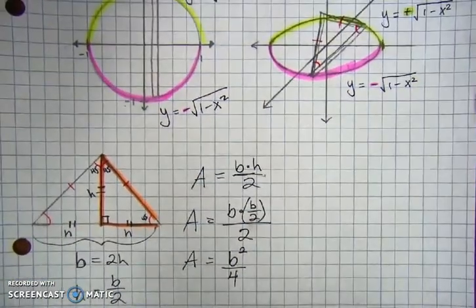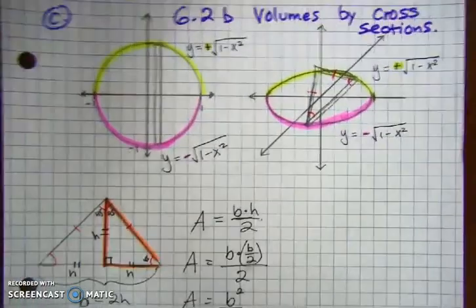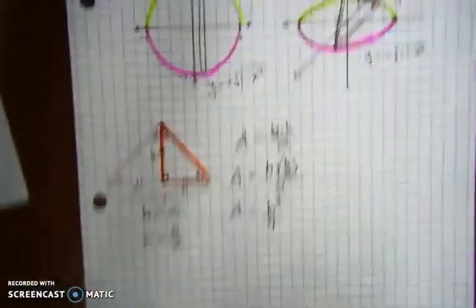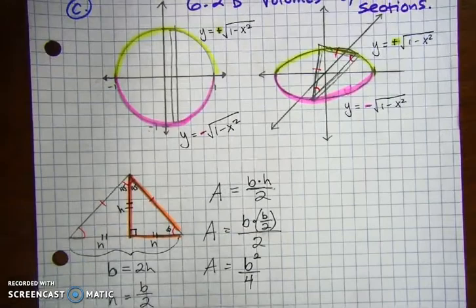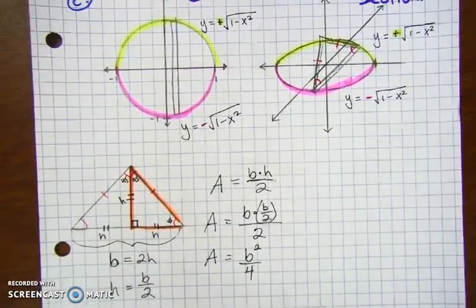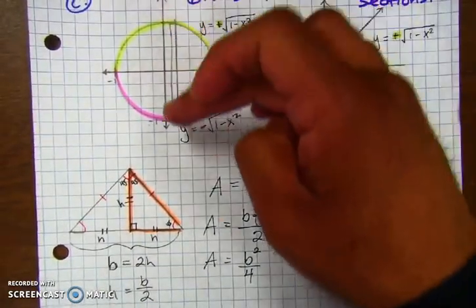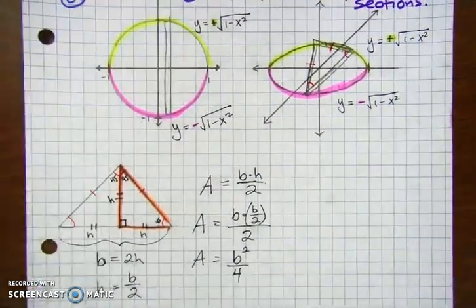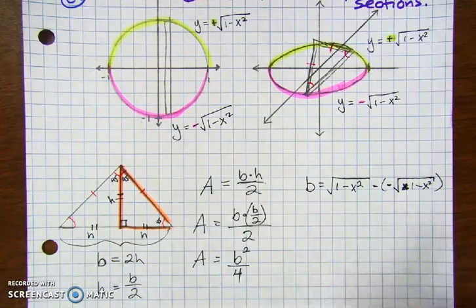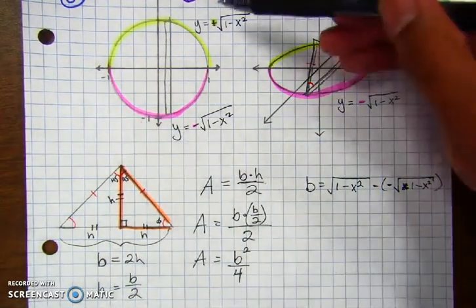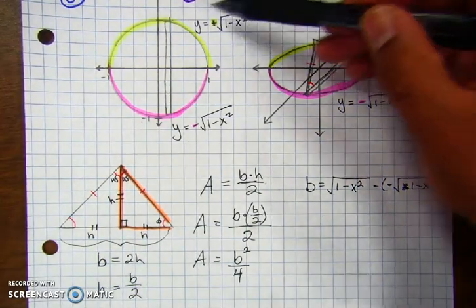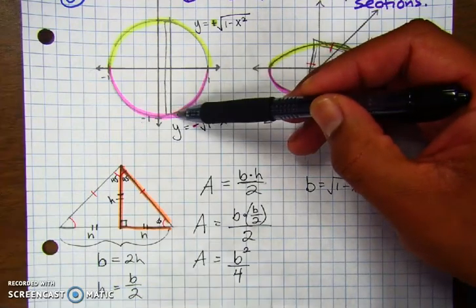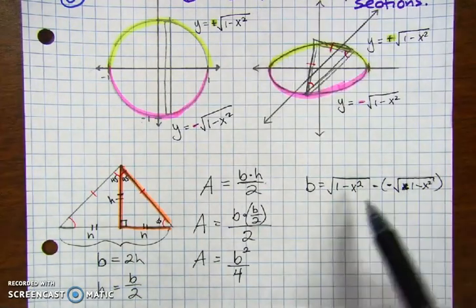And now what we can do is go ahead and get the formula for the base by just doing top minus bottom, which I'm sure many of you have already done. So the base will be positive radical 1 minus x squared minus negative radical 1 minus x squared.